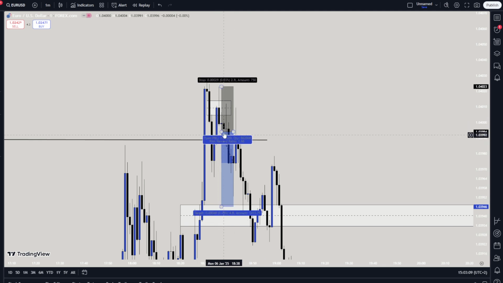Yeah, I did, but we had the fill because when I take the trade on MetaTrader 5, there's a delay, like a few seconds. I think MetaTrader 5 is a few seconds ahead of TradingView, and TradingView is a few seconds behind.